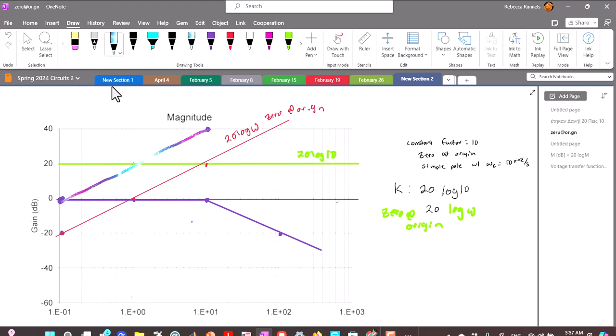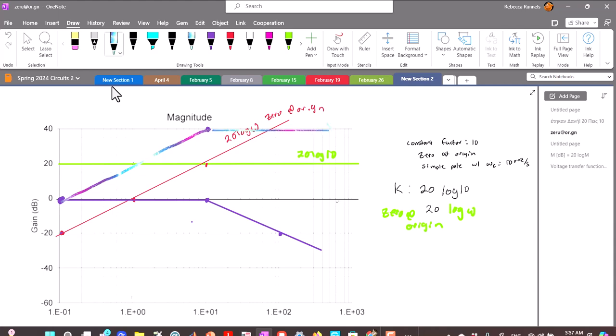So you can add slopes together to see what your slope is going to do. So here I have a slope of plus 20, and then I have a slope of plus 20, and now I add a slope of minus 20. Plus 20 minus 20, the slopes will cancel out. So this one had an upward slope of 20. Now I'm adding a downward slope of 20. That'll just make it go horizontal.